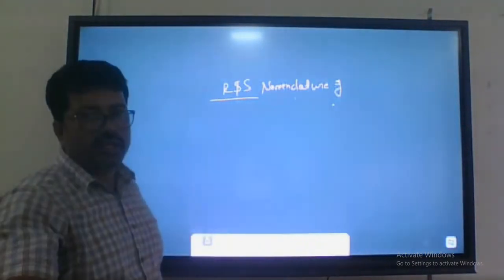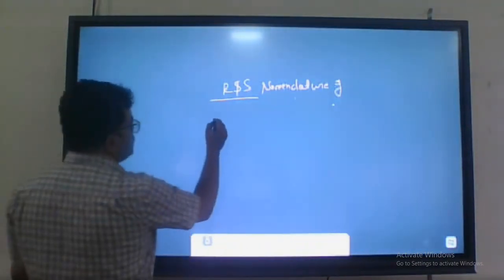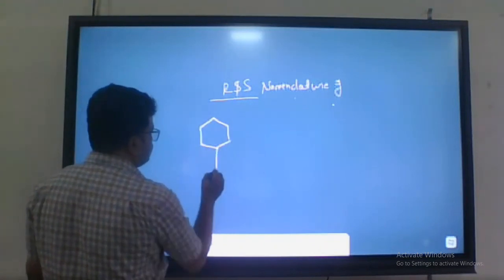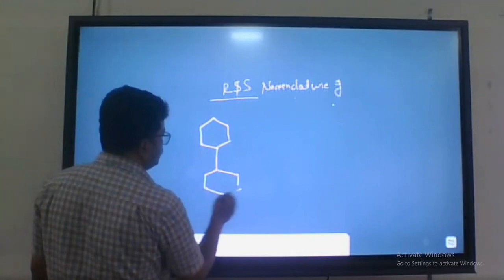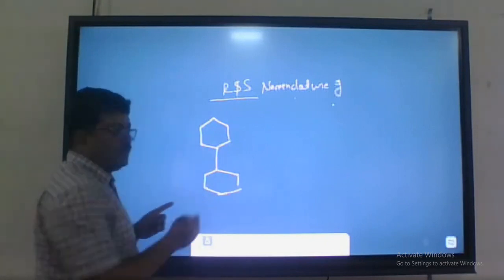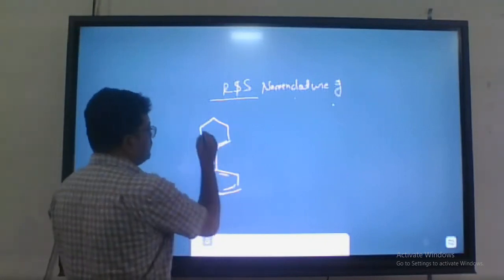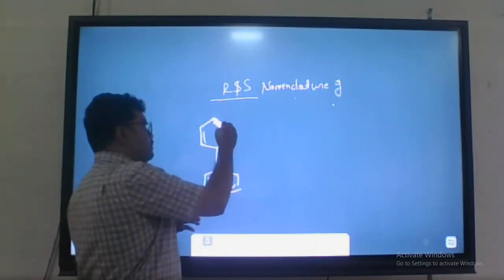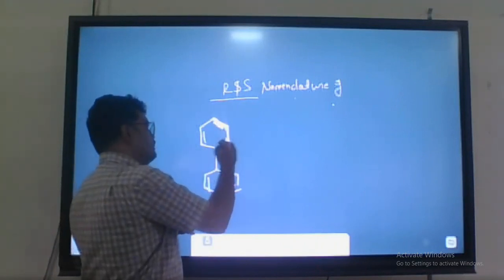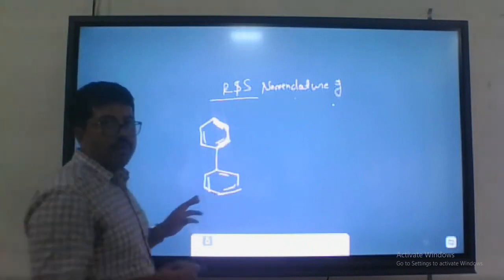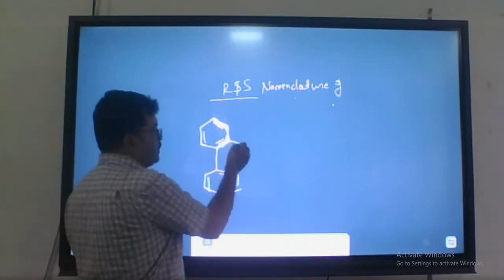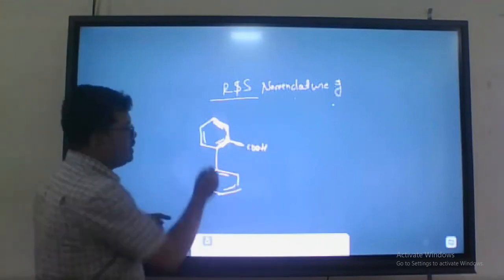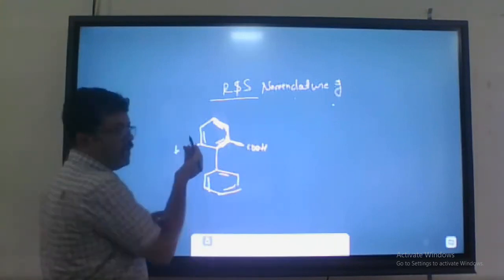Like this in biphenyl. Then taking the biphenyl, take this biphenyl. This is above, and this is also above. COOH, and this is nitro.